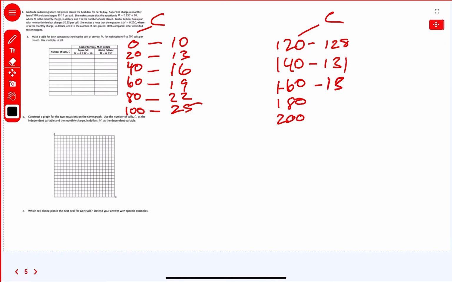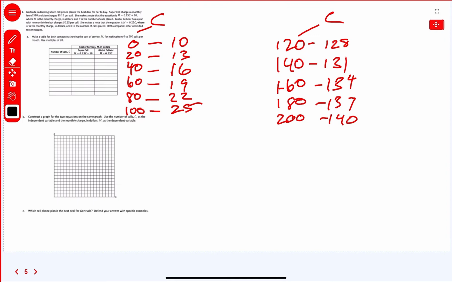Okay, each call is 15 cents, but how does that make out to be adding 3 each time? What did we do? We did intervals of 20, correct? So what is 0.15 of 20? What is 0.15 of 20? 3.